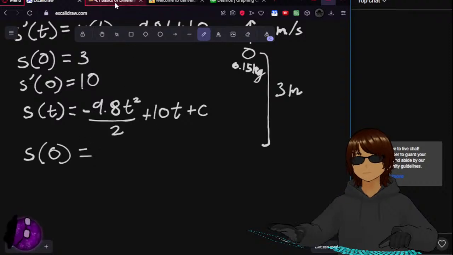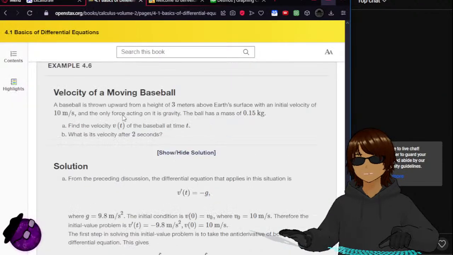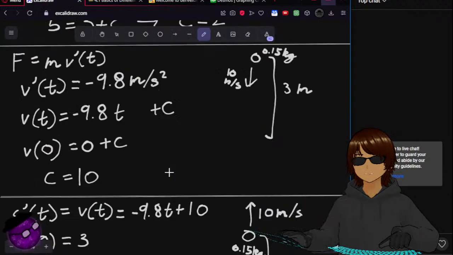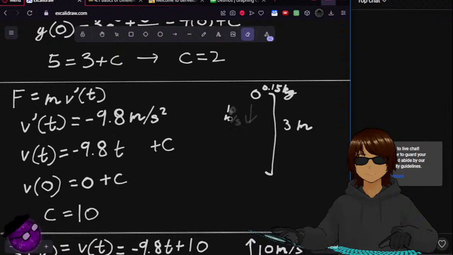Hold on. For the previous question, was it going up? It's thrown upwards from a height of. No, this is wrong. It's thrown upwards.